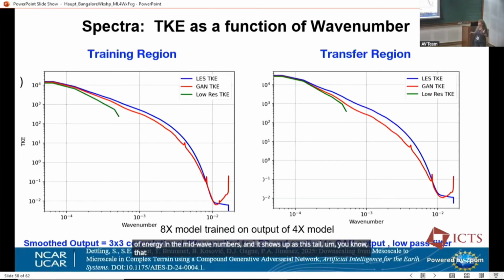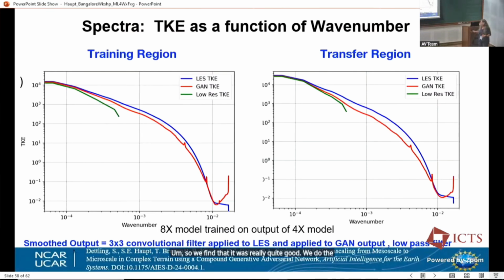That's what Ashish was calling the other day a spectral bias that appears in all these things. For our case, it's at places that are dissipated anyway, so we don't really care about it. So we find that it was really quite good. We do the transfer learning region. We lose a little more energy, but it's still quite good.